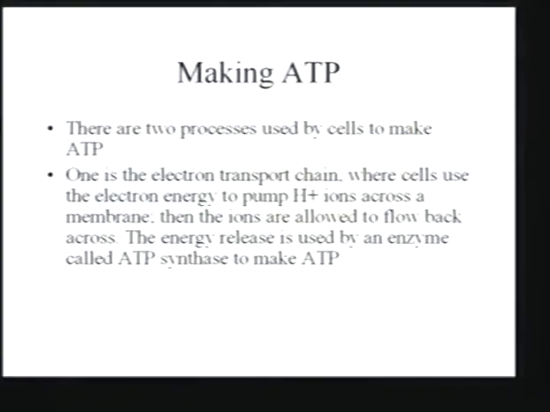So you take the electrons from glucose, pass them through an electron transport chain, use the energy to pump hydrogen ions across the membrane to make a gradient. Then you let them flow back across, and that is the process that's used to make ATP. That's where the energy is finally released to make ATP. I'll show you a figure in a second that will show you how that actually is occurring.